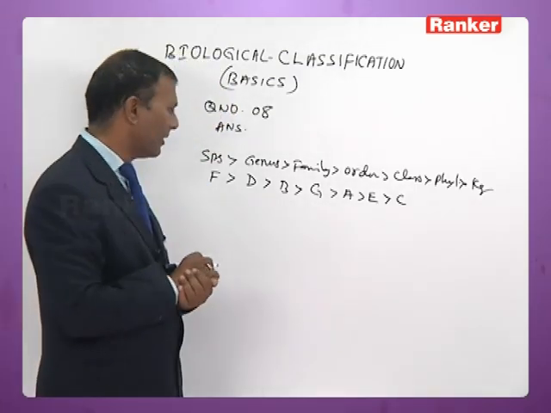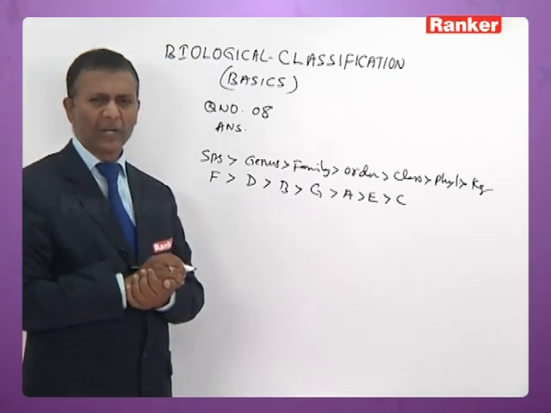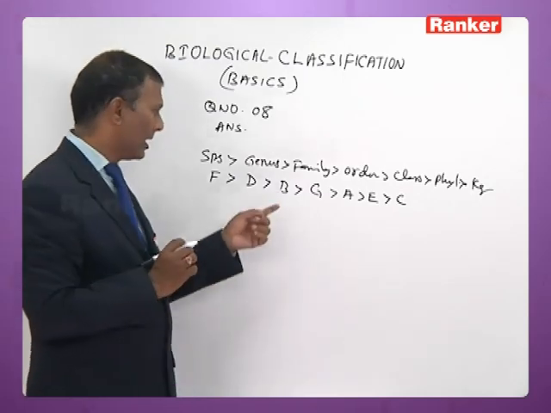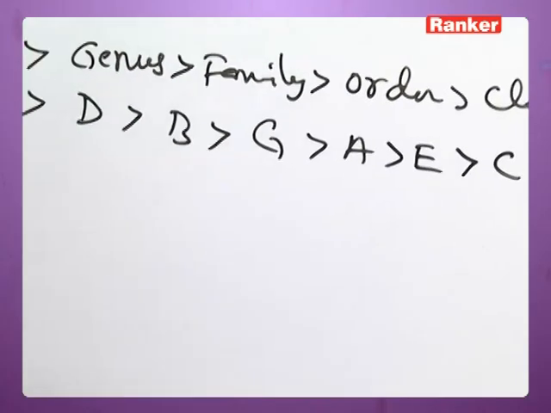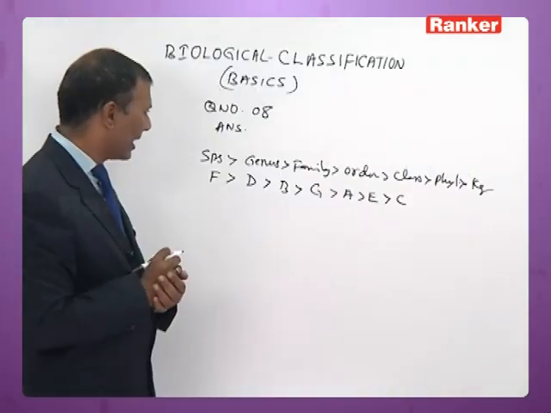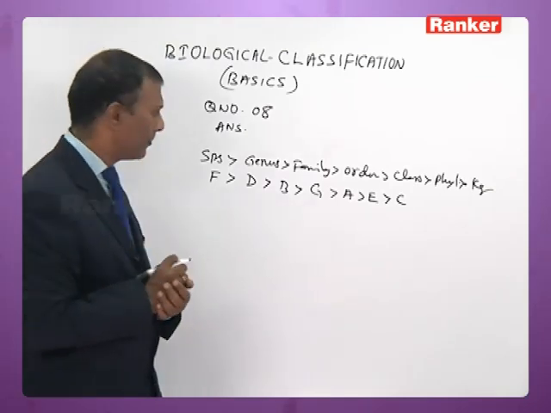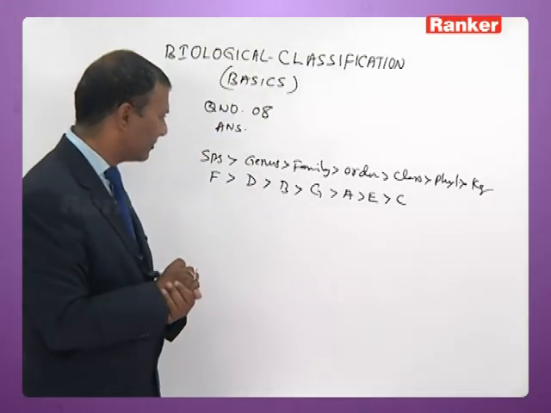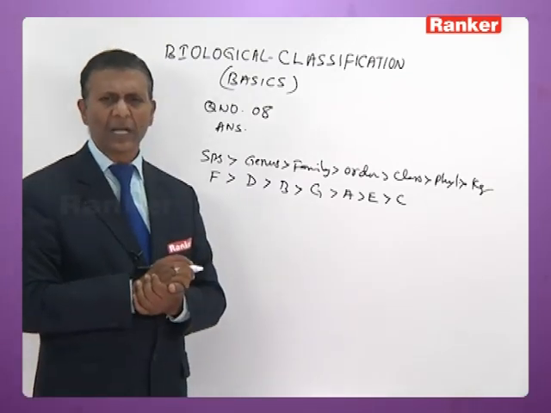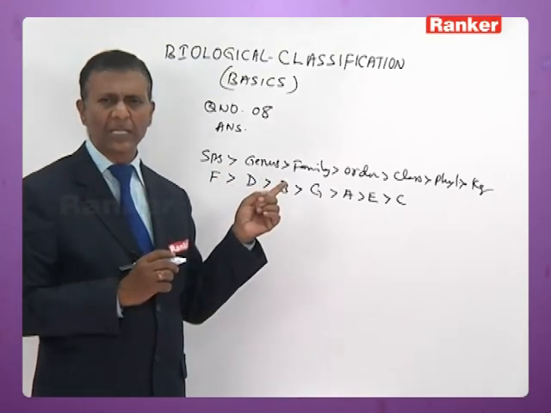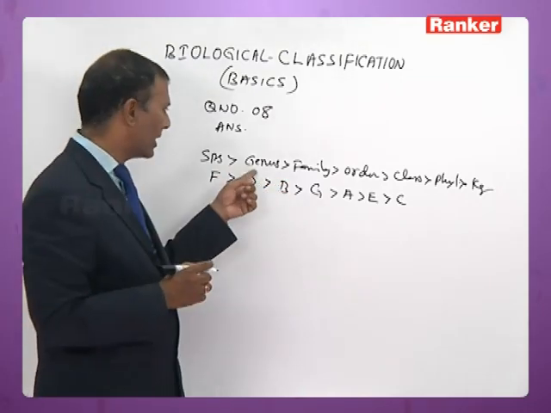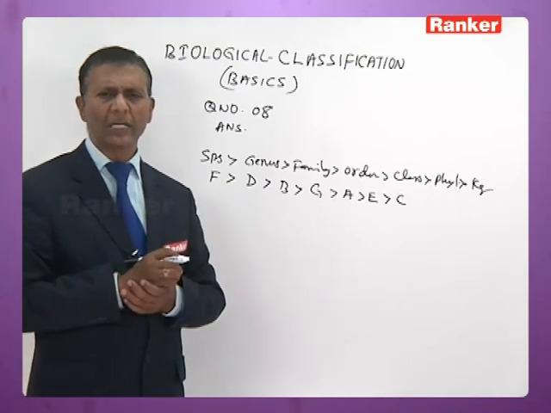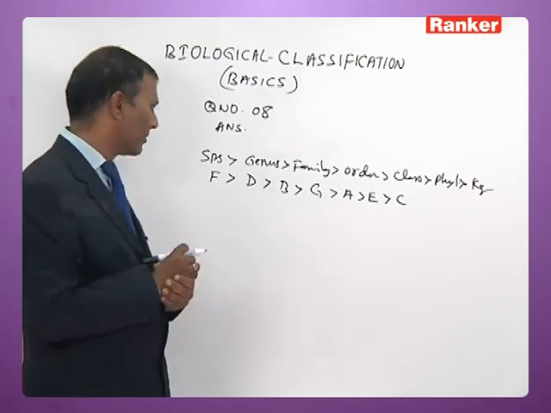So these are the options: F, D, B, G, A, E, C. Where do you find all these options? You need to put the correct sequence.